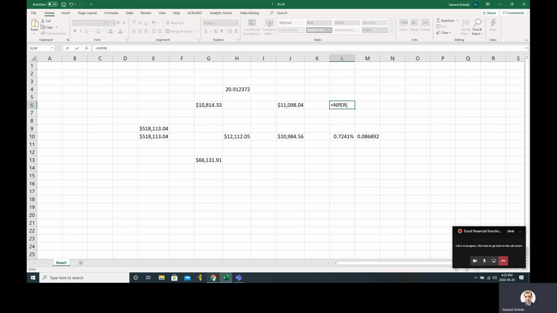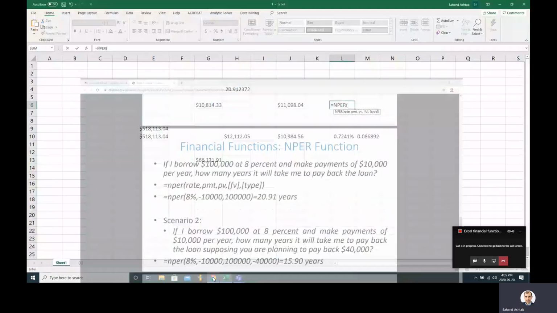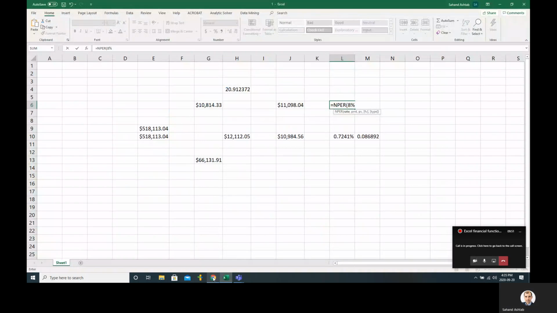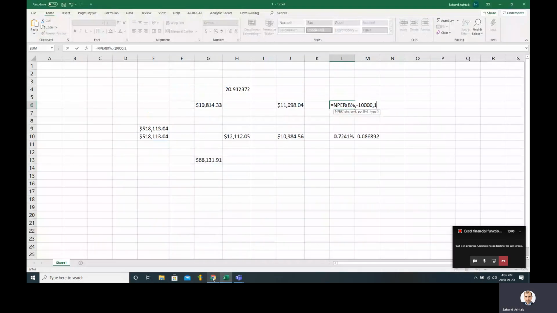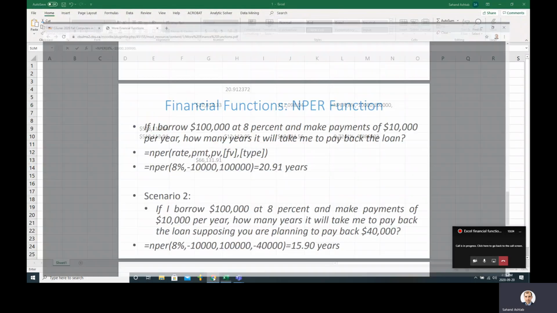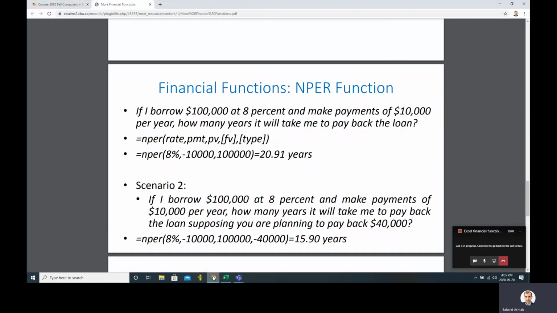The rate is 8%. You're making payments of 10,000. The loan is 100,000. And the future value, that is how much you're going to be paying, or how much is going to be outstanding.